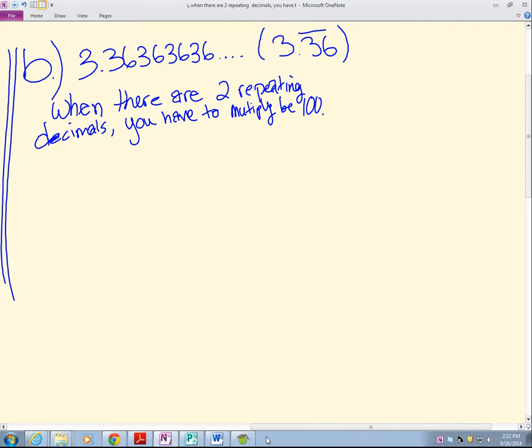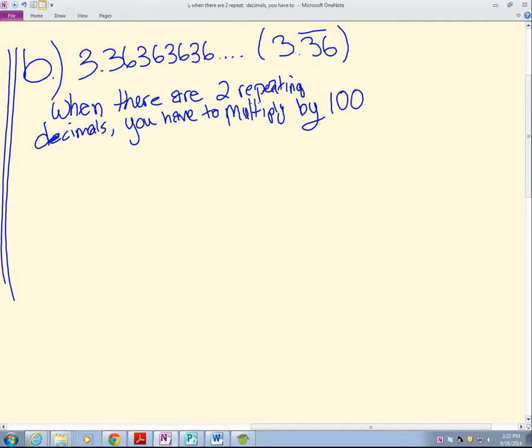And then it says there, when there are two repeating decimals, you have to multiply by 100.